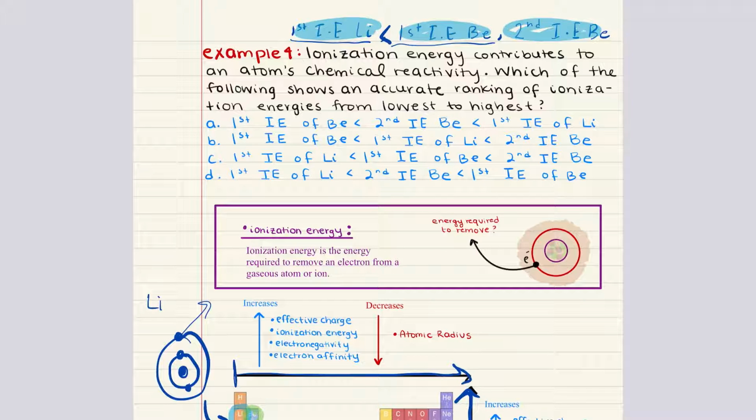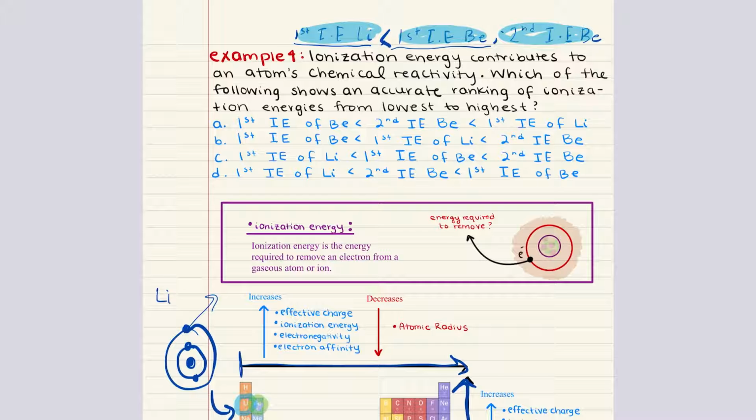And so the one that's going to have the highest ionization energy is the second ionization energy for beryllium. Our ranking from lowest to highest is going to be first ionization energy of lithium, followed by first ionization energy of beryllium, followed by second ionization energy of beryllium. That relates to answer choice C. So 4 is C.